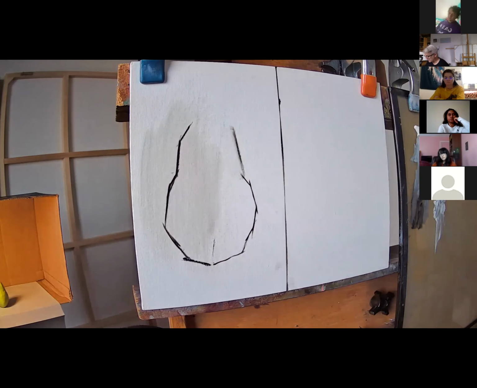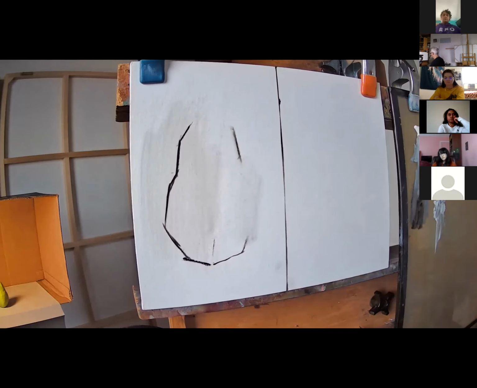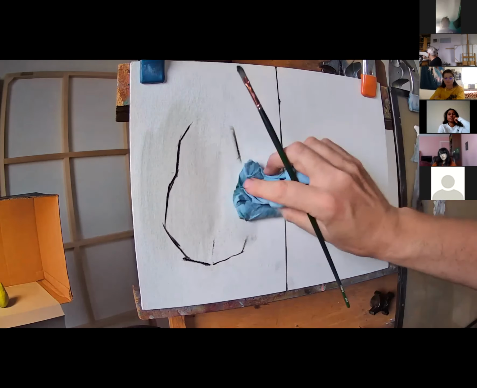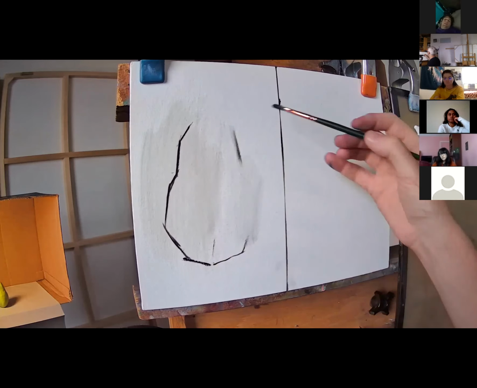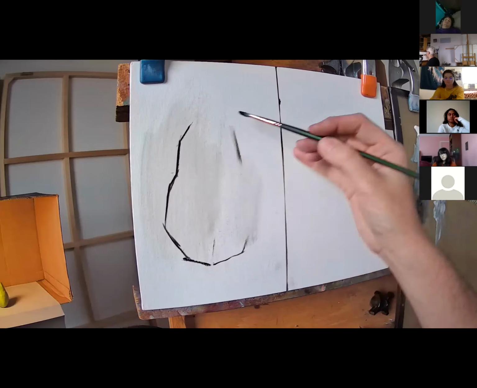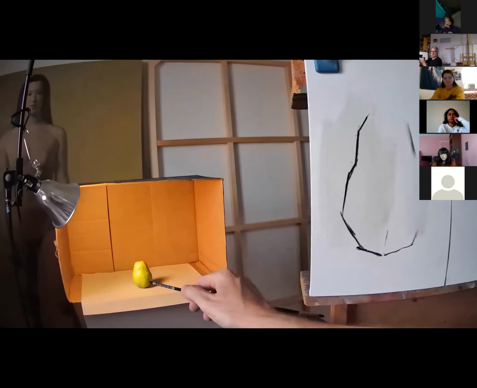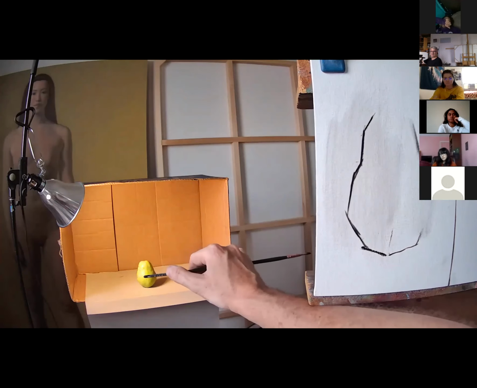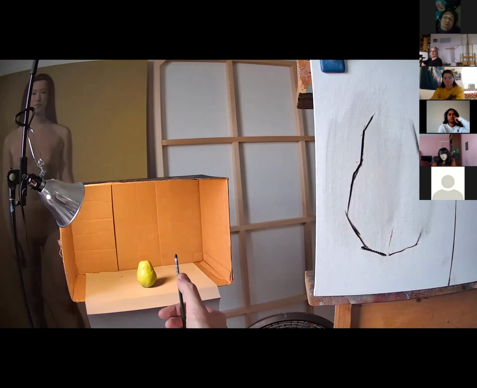And I actually think I made my pear too narrow. So I'm going to use the same technique I used last week to find the proportion of the height to the width. I'm going to take the width and see how many times that width goes into the height.